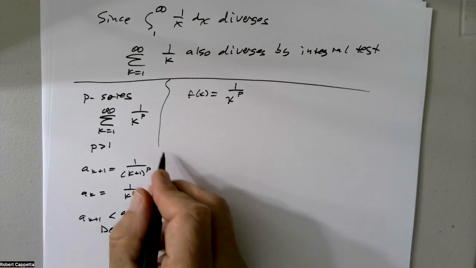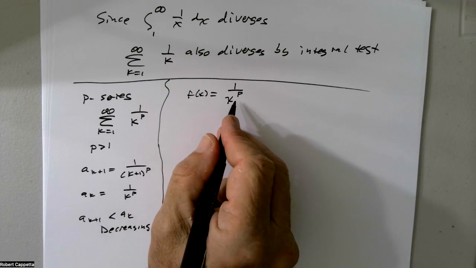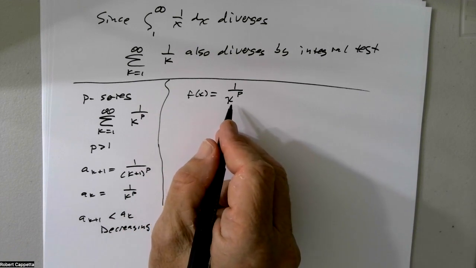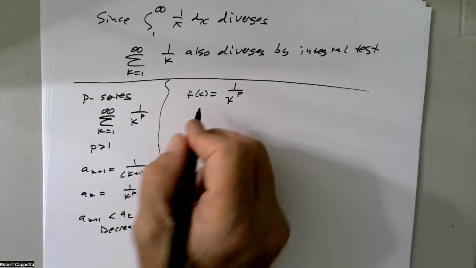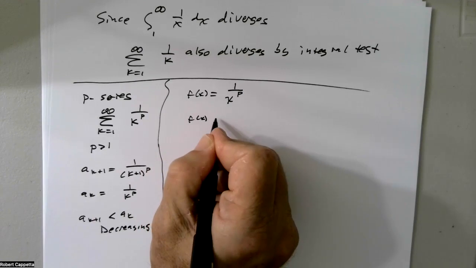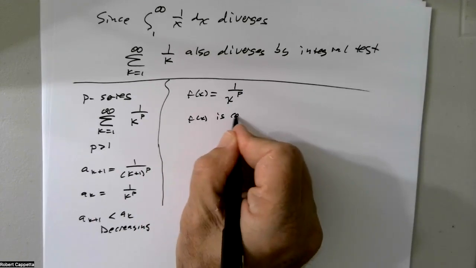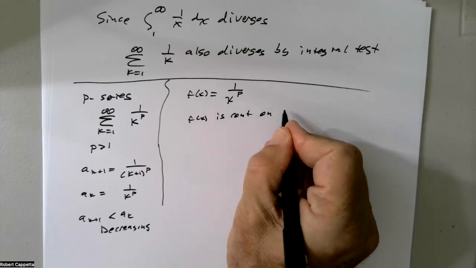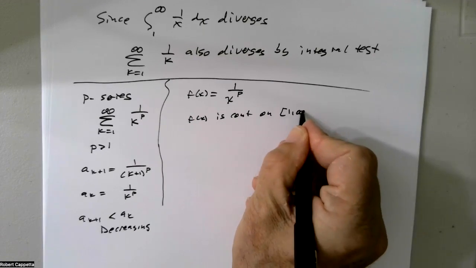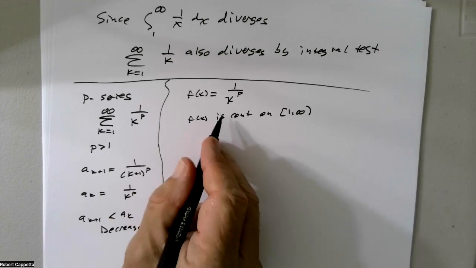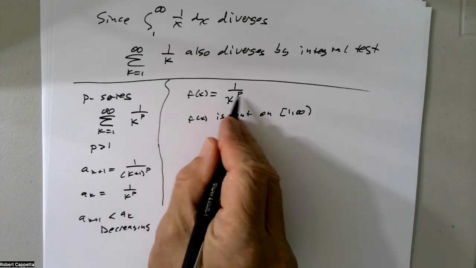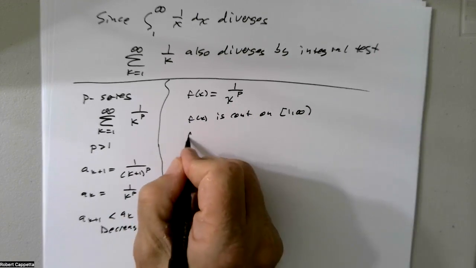Check. Is it continuous? Is 1 over x to the p continuous? The only time we're going to have an issue is if x is 0, and we only care about this beyond 1. So f of x is continuous on the interval from 1 to infinity, which is what I care about. And it's positive? Yes, if x is positive, right, 1 over x to the p is positive, x is positive.